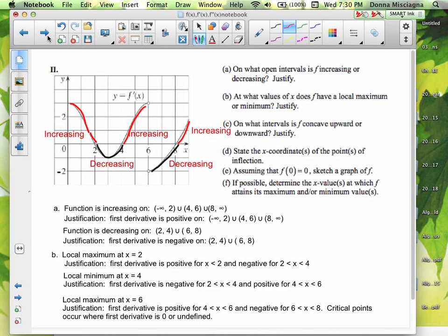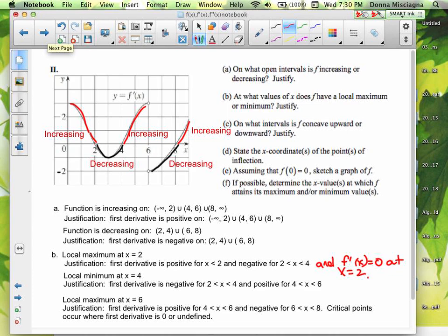I should have added in that f prime of x is 0. So our first derivative is positive for less than 2, negative between 2 and 4, and f prime of x equals 0 at x equals 2.